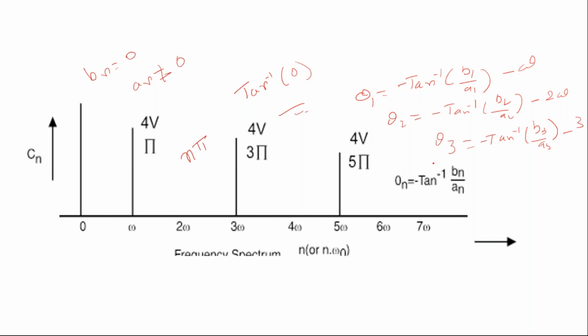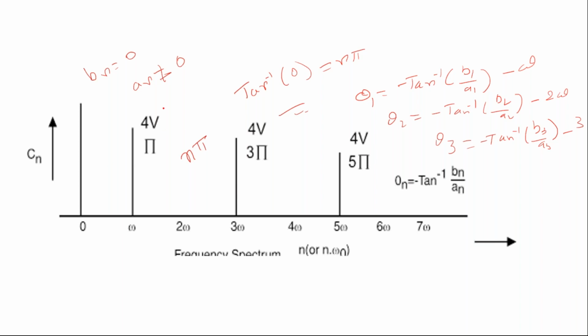So theta 1, theta 2, theta 3, if you write it like this, I may have different values. I need to write a generalized equation, which is n pi. As you know, for this function, a2, a4, a6 do not exist. It exists only for odd values, so you get a1, a3, a5, and so on.